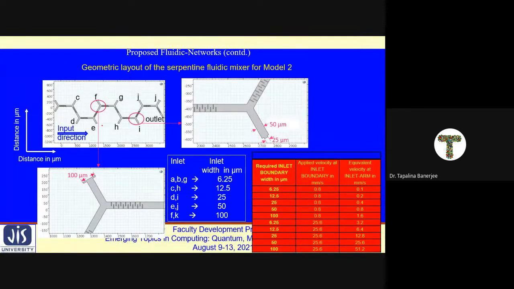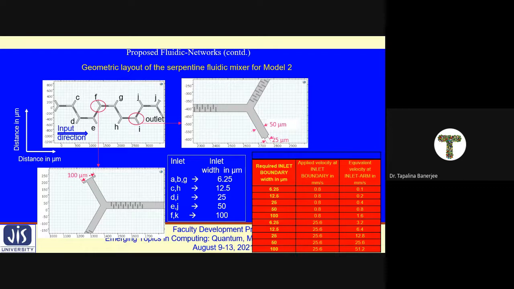Now we use special rectangular boxes to augment the inlets as shown here. We choose channel dimensions and fluid injection velocities following certain rules and study the flow dynamics in 2D for different input concentration profiles using COMSOL Multiphysics software.